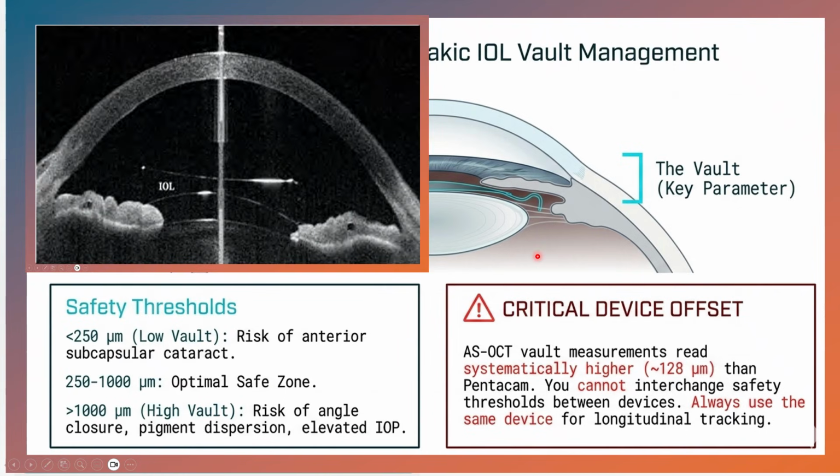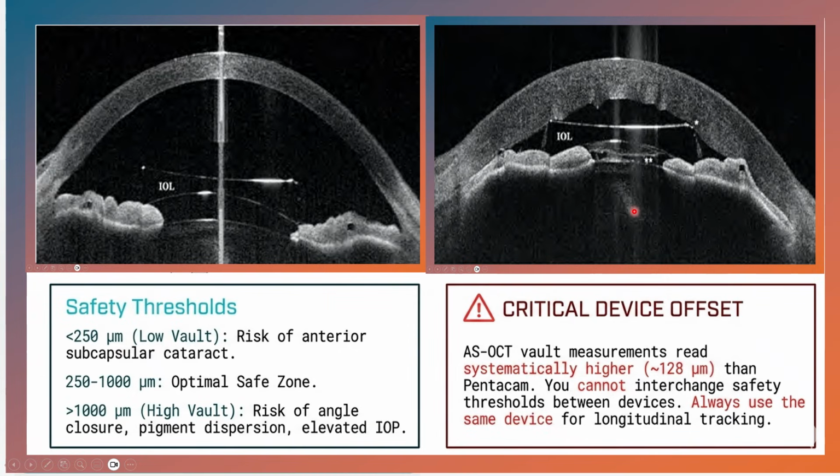Now, if you look at this slide, for example, the one on the right side here, you can see that the lens implanted in the anterior chamber is very, very close to the cornea, nearly reaching the cornea, and you can see the corneal thickness is very thick because of corneal edema due to damage to the endothelium. And this is a very high vault. And also you notice the abnormality of the iris. It might be plateau iris syndrome, or sometimes this is due to malignant glaucoma in which there is a push from posteriorly to forward, so that the lens iris diaphragm is pushed forward and the cornea comes in contact with the endothelium.